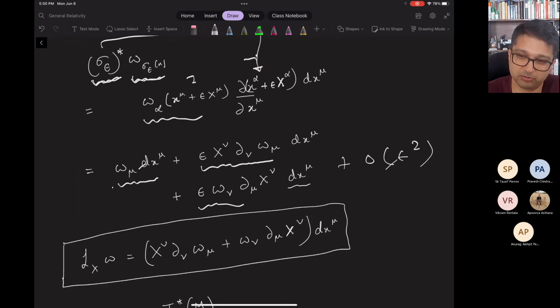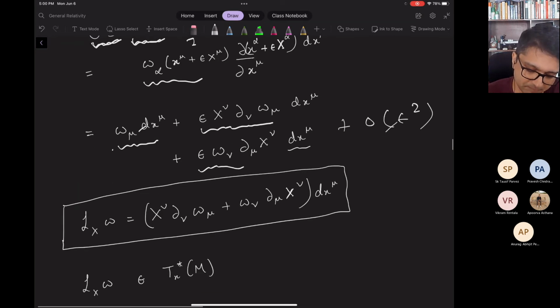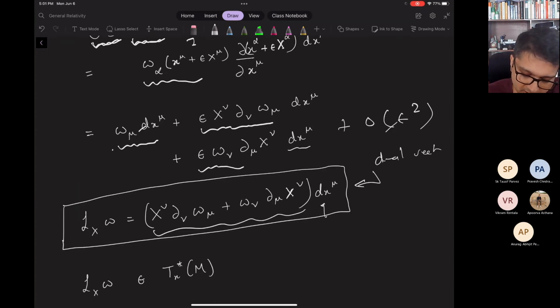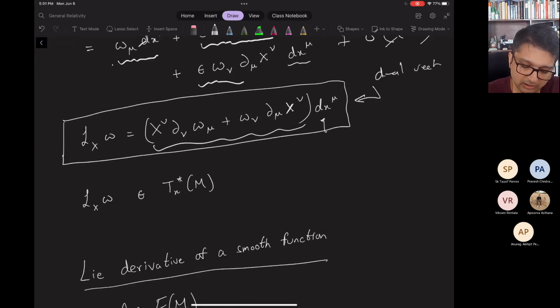The order epsilon squared terms drop out in that limit, and what I'm left with is simply this. So L_X of omega in coordinates is X^nu partial_nu omega_mu plus omega_nu partial_mu X^nu, times dx^mu. This is a dual vector expressed in a dual vector basis, and these are the basis coefficients.